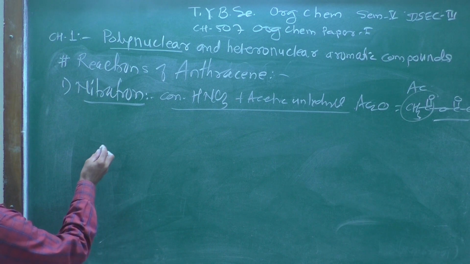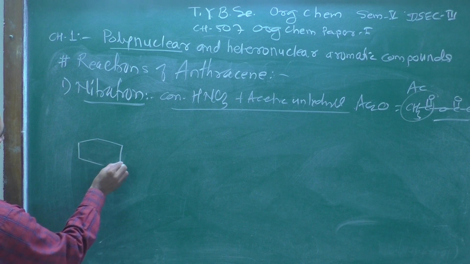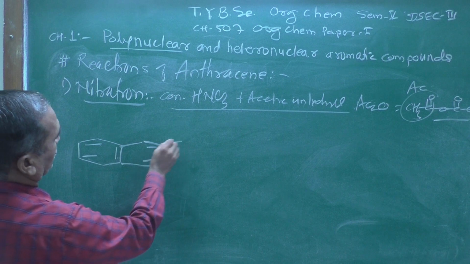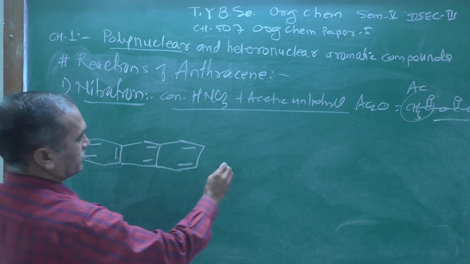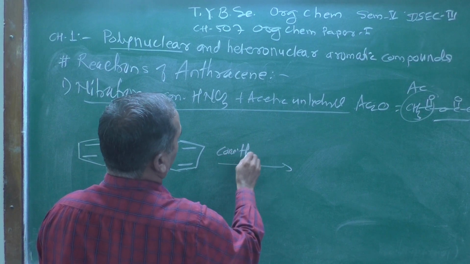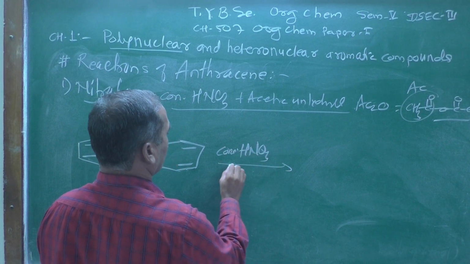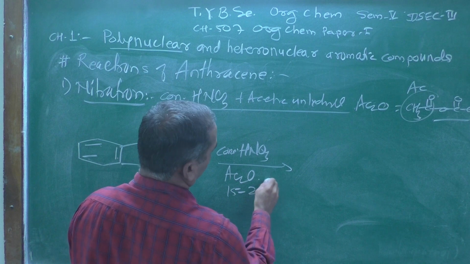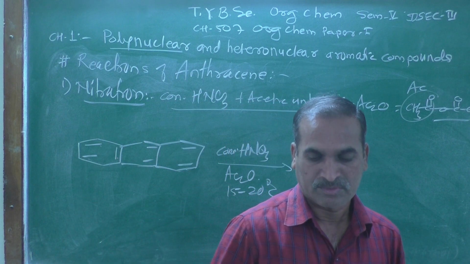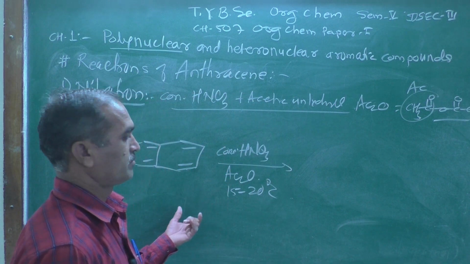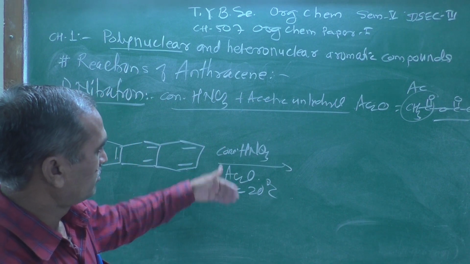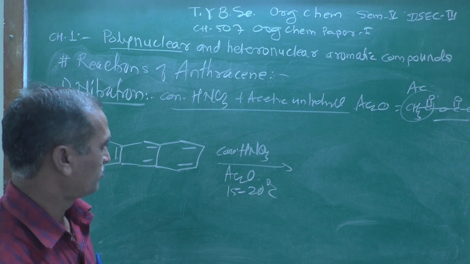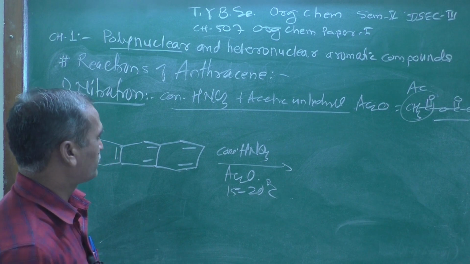Now, when anthracene is treated with concentrated HNO3 in the presence of acetic anhydride, and the temperature is kept at 15 to 20 degrees centigrade, somewhat lower than room temperature, generally in India, in the winter season the room temperature may be 15 to 20 degrees.